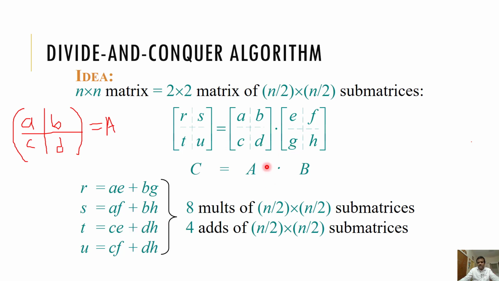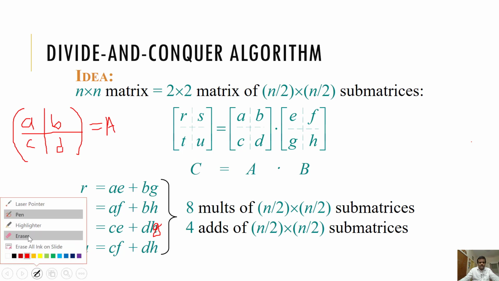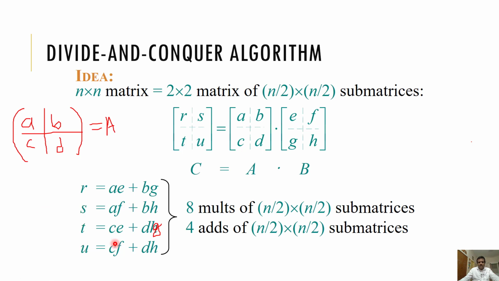This was a mistake before, it should be G over here, not H. Now U will be this into this, so CF plus DH. So this is fine.